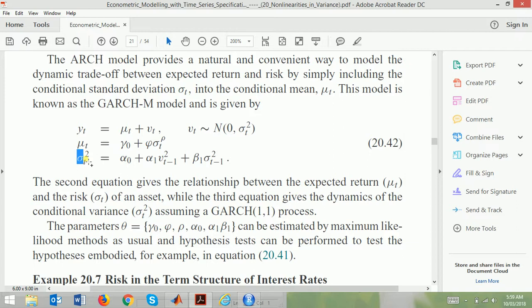Beautiful. If we can estimate sigma, we can estimate the risk in that particular asset.